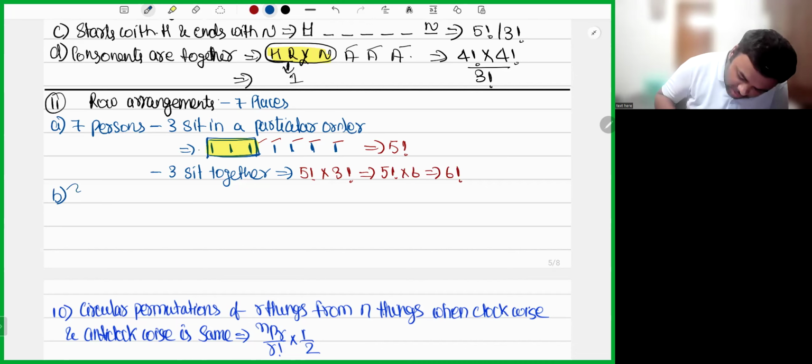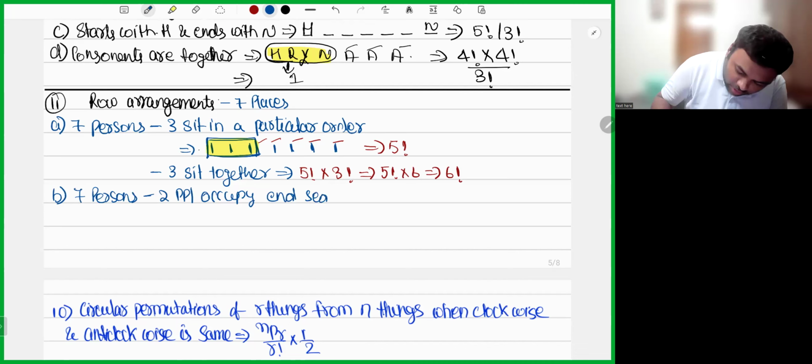Next step. He's telling 7 persons, 2 people occupy n seats. So 1, 2, 3, 4, 5, 6, 7.